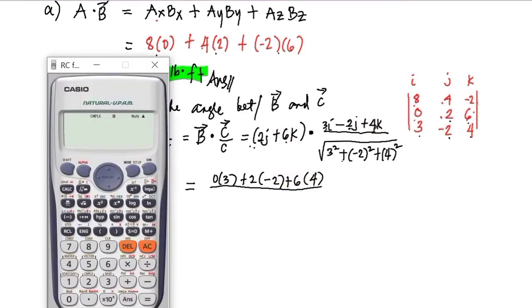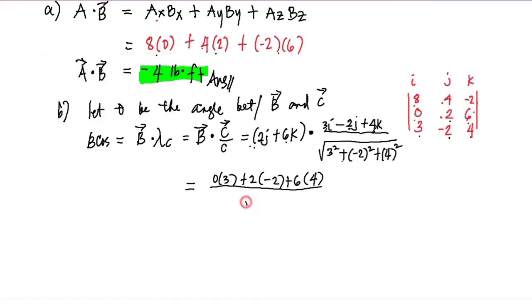For the denominator, we have 3 squared plus, since the negative 2 squared and the positive 2 squared are the same, I'm just going to make this positive 2 squared plus 4 squared. And we have here the square root of 29.